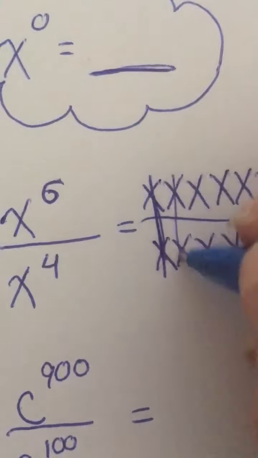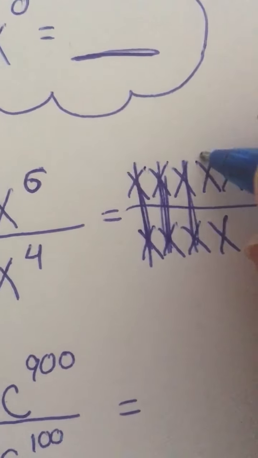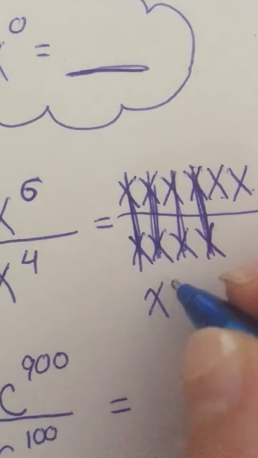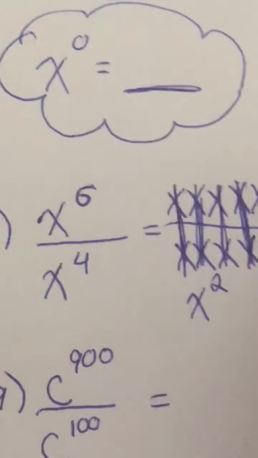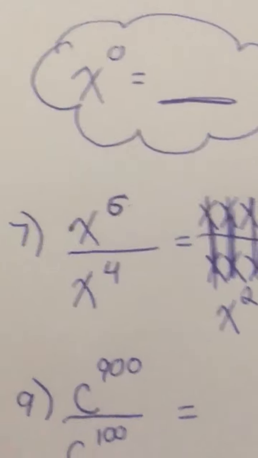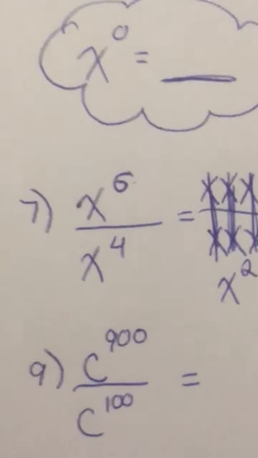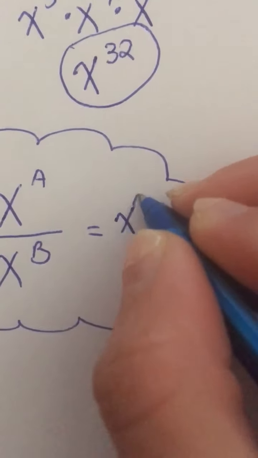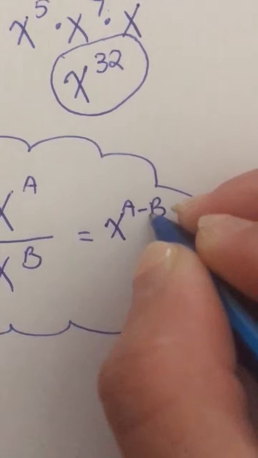So there's 1 pair. Looks like 4 of them cancel out. We're left with just 2 x's, which means x squared. So if you notice the relationship here, 6 minus 4 is 2. So when you're dividing, you're just subtracting the exponents. So x to the a over x to the b is x to the a minus b power.